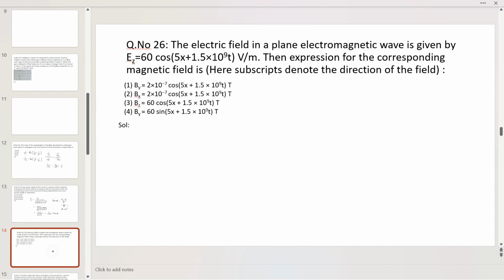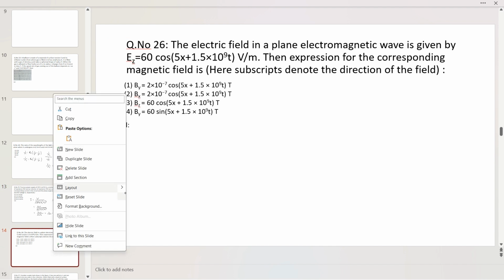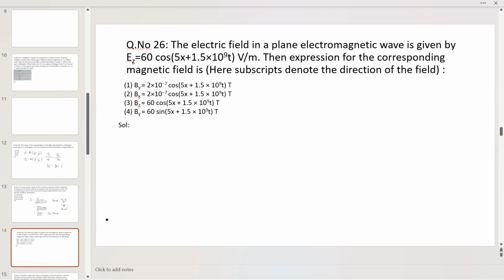Now I'm going to another question. The electric field in a plane electromagnetic wave is given by this. You are given the expression for the corresponding magnetic field.